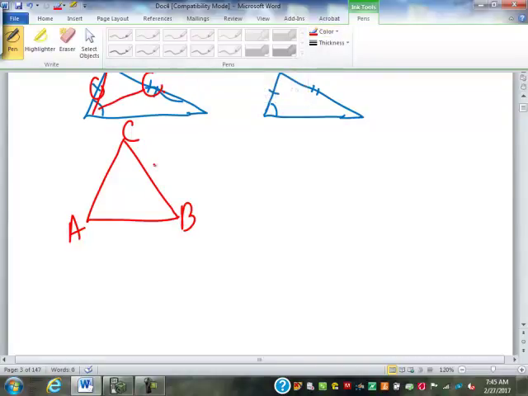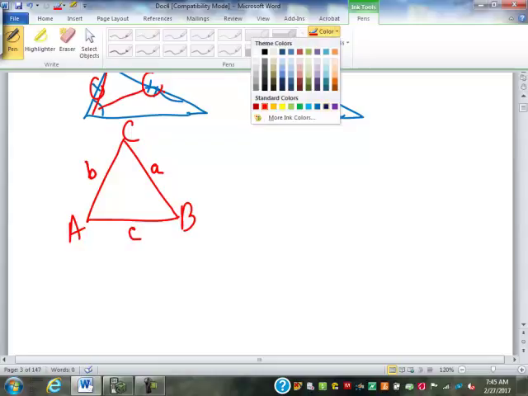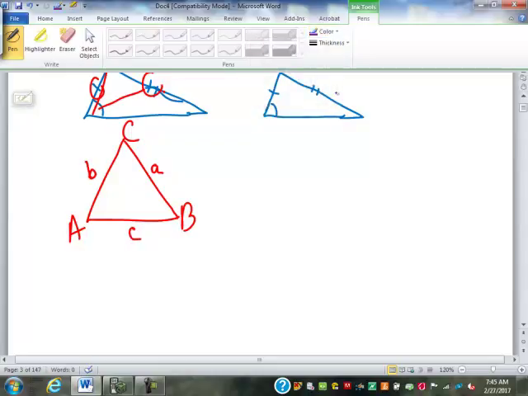So this side here would be what side? That would be little a, because it's opposite angle big A. This side would be little b, and this would be c. The reason why we name this side for this angle over here is because that's the side that's related to that angle.